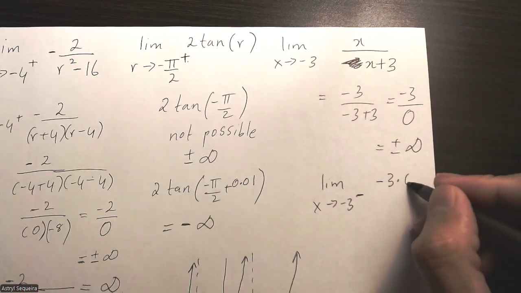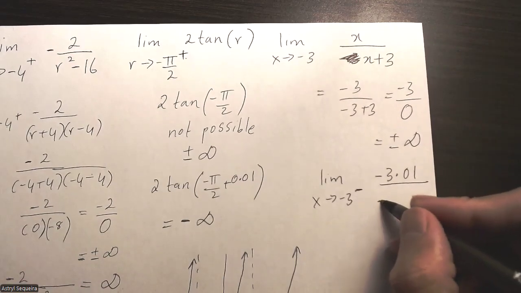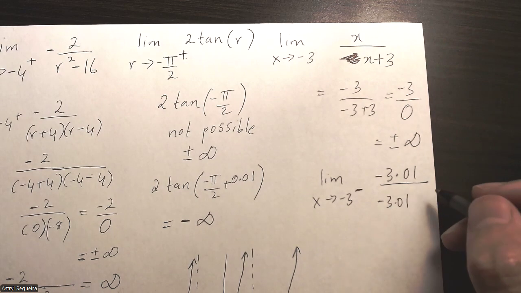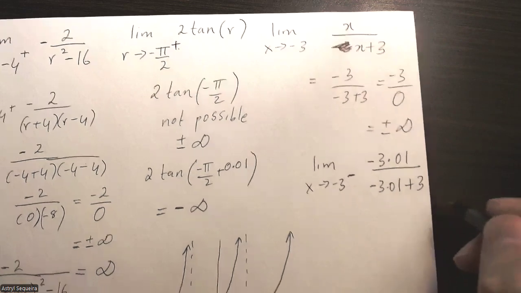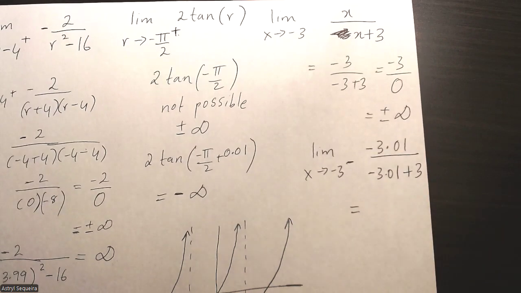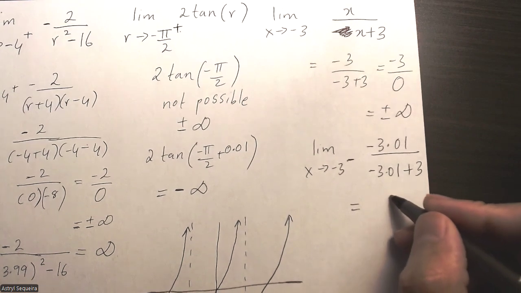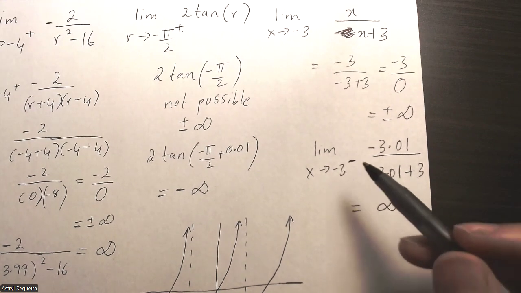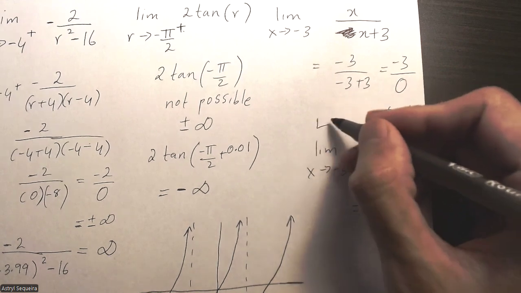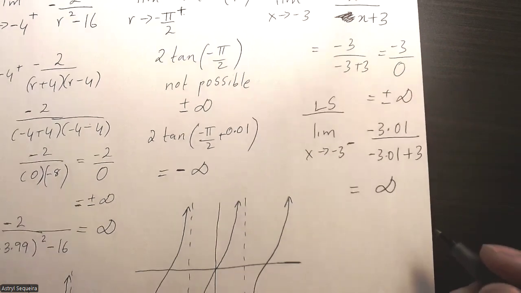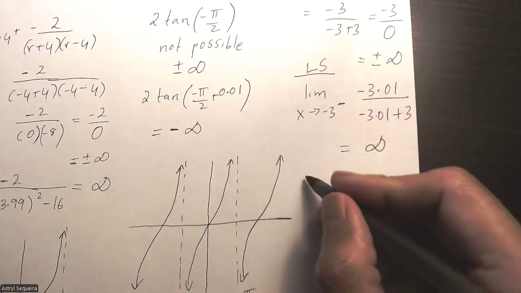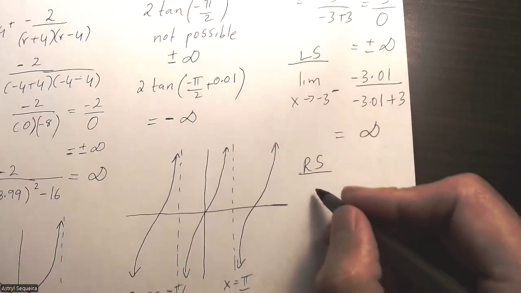So I'll do -3.01. If I put this in my calculator, I get positive 301, which means this is approaching positive infinity. So the left-sided limit is approaching positive infinity.